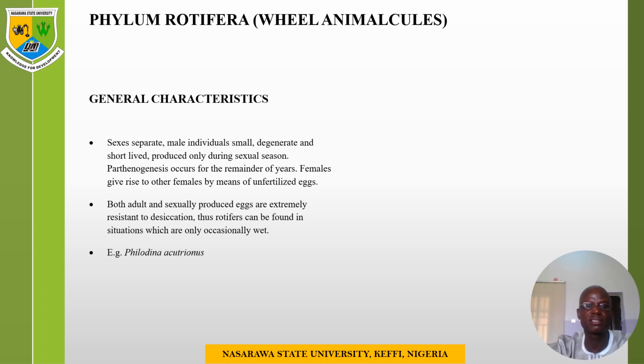Both adults and sexually produced eggs are extremely resistant to desiccation. Those rotifers can be found in situations which are only occasionally wet. An example of these organisms is Philodina acuticornis.